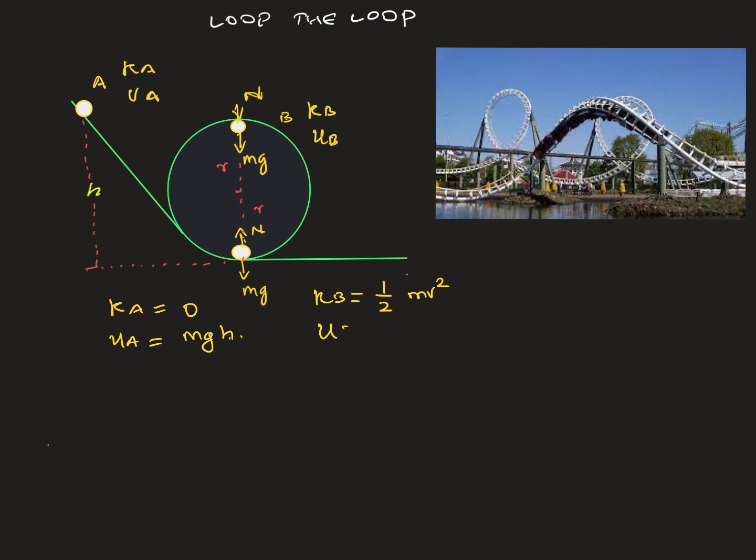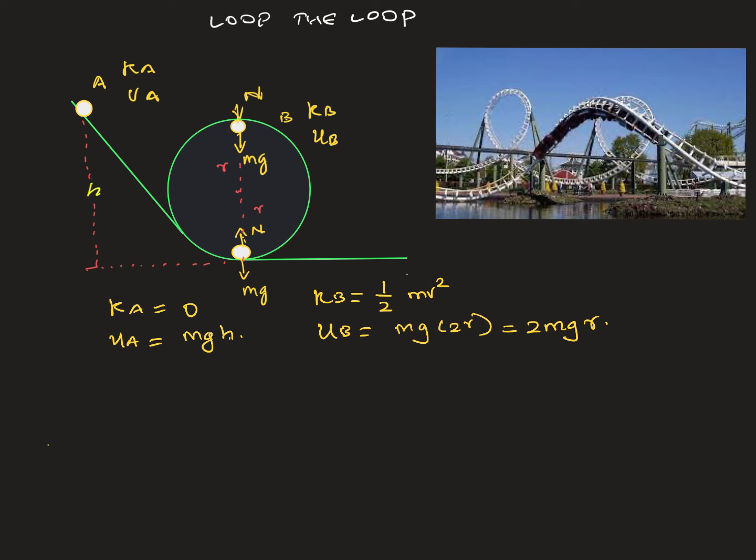And Ub, what's the potential energy there? Because the radius of the circle is r, the height is 2r, so mg times 2r. So we can write it as 2mgr.